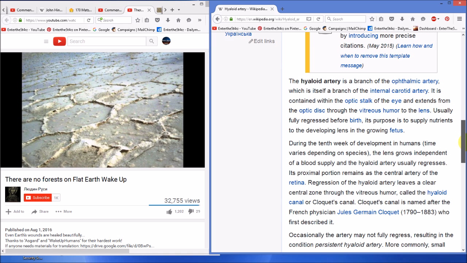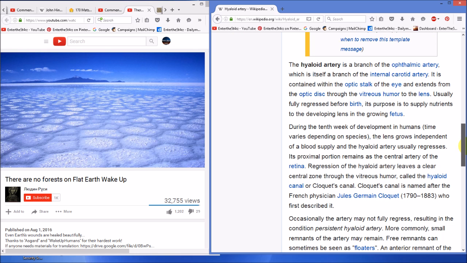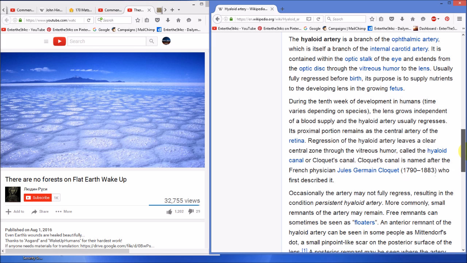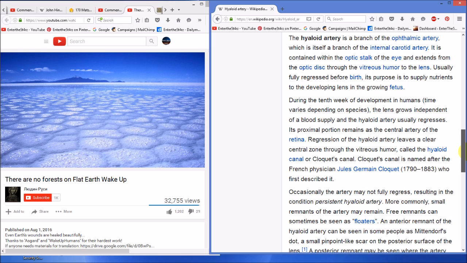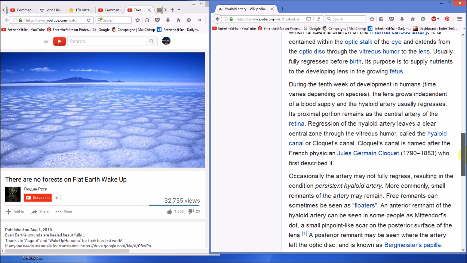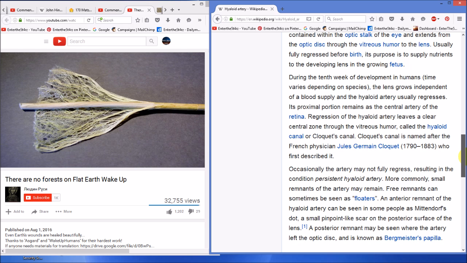During the 10th week of development in humans, the lens grows independent of the blood supply, and the hyaloid artery usually regresses. Its proximal portion remains as the central artery of the retina. The central artery of the retina, through which all vision comes through the central artery of the retina.